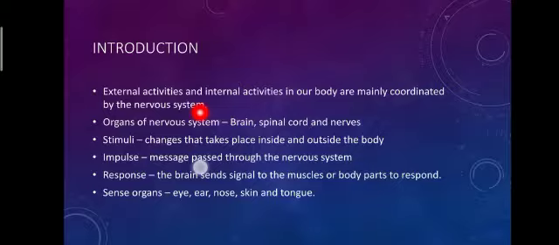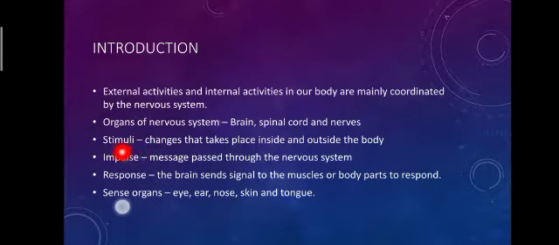Whatever activities, whatever response we give towards any situation, the changes that occur inside the body and outside the body, we come to know or we get connected to that particular situation by the help of nervous system, and accordingly we act. So there are certain organs which are involved in this activities, that is brain, spinal cord and nerves.